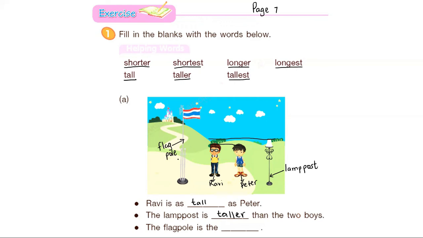Okay, and the flagpole is the tallest. You see the level where it is, taller than the lamppost and taller than the boys. So we say tallest.